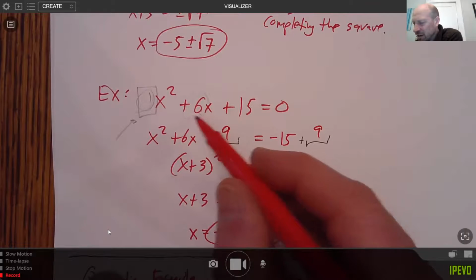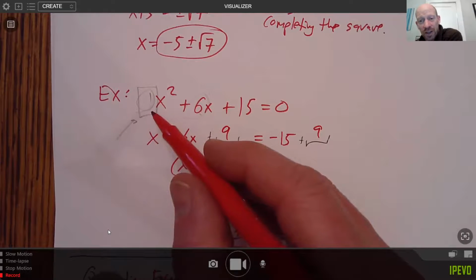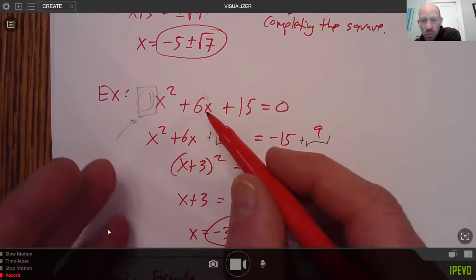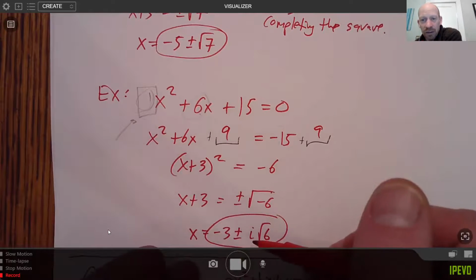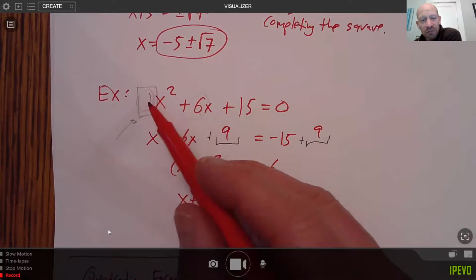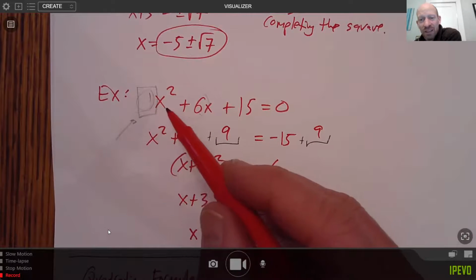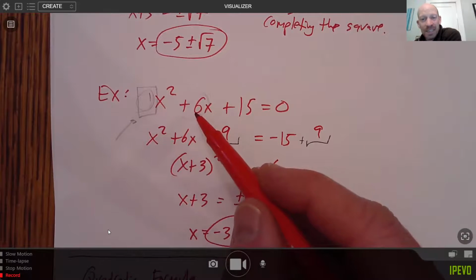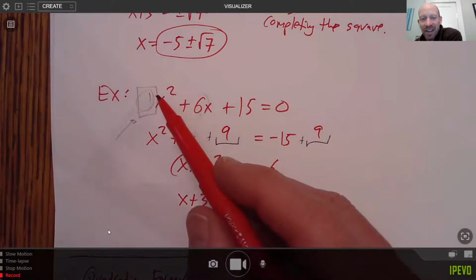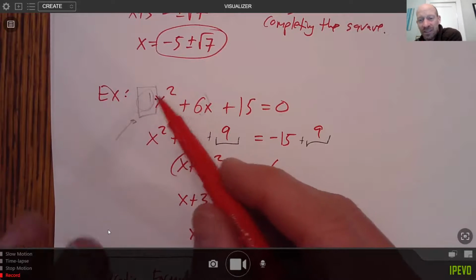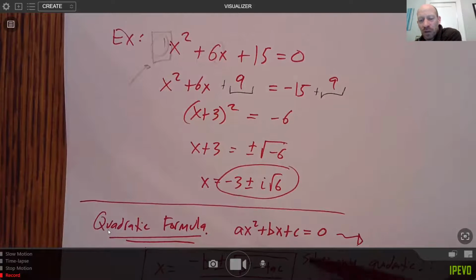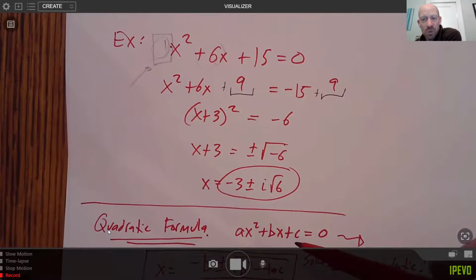It had a nice even number here, and it had no coefficient on the x squared. So if you have that kind of problem, you're welcome to complete the square and get your answer. That's fine. But if you have a 3 in front, or a 2, or anything in front, or this is an odd number, I would really stay away from trying to complete the square. You have to divide by this. It gets very complicated. So we want to use the quadratic formula in most cases.